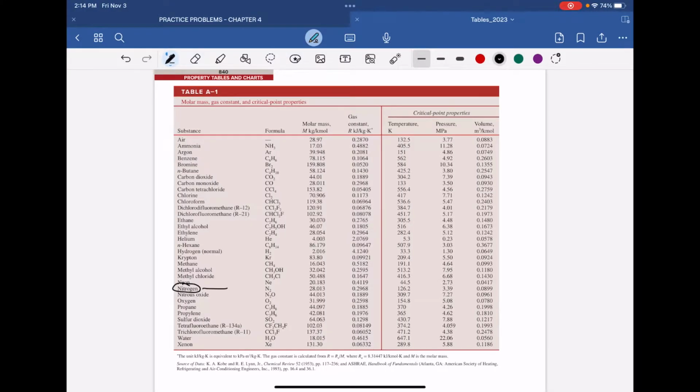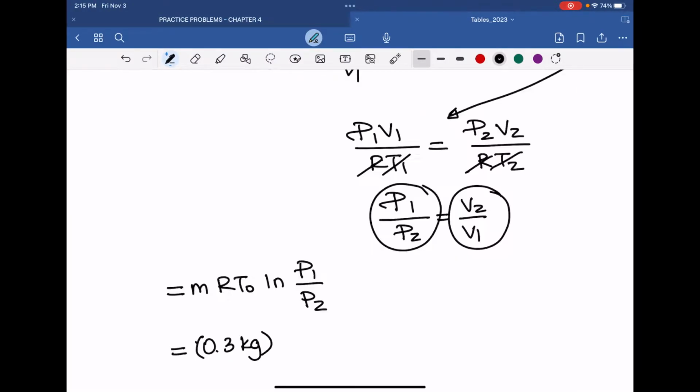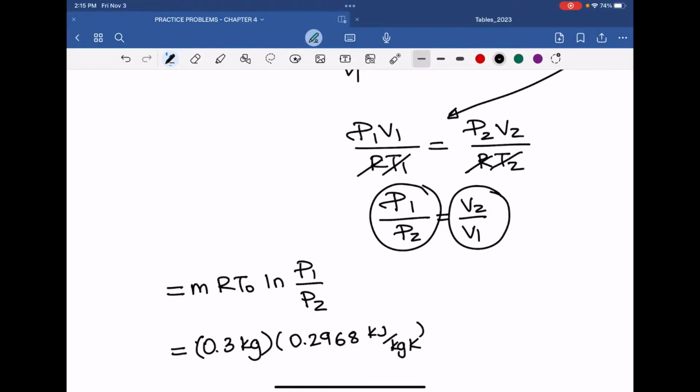Let's see. It's right there. So we come back and we write it down, and temperature should be in Kelvin.